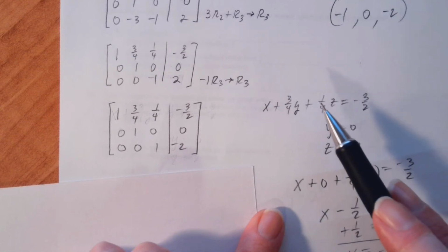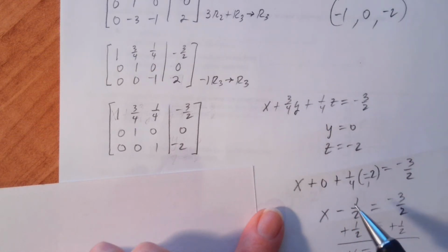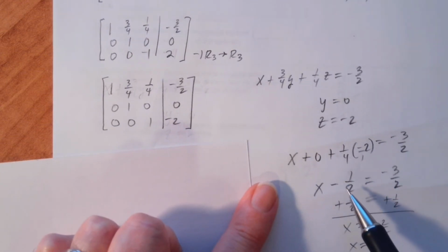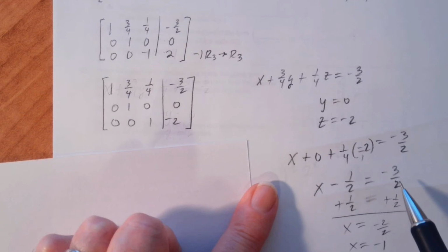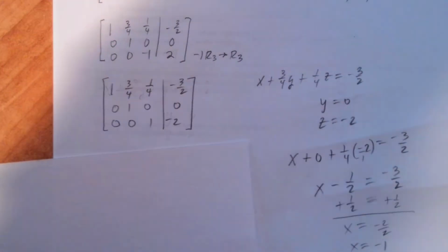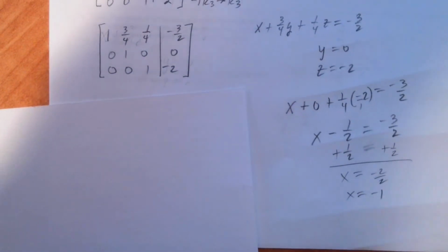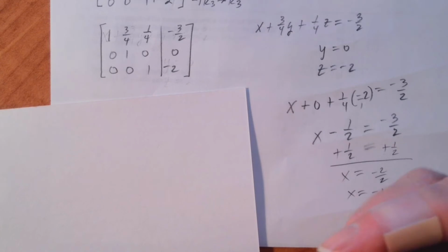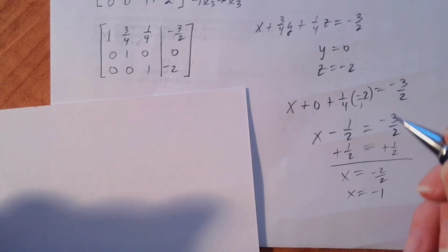So we're just plugging in here. And when you solve that, you get x minus 1/2 is equal to negative 3/2. I added a half to both sides, and you end up getting negative 2. Whoops, did I do something wrong there? 1/2.